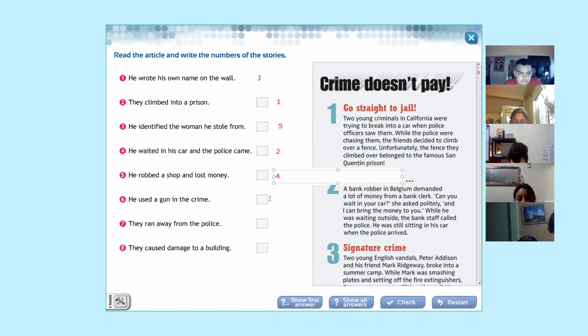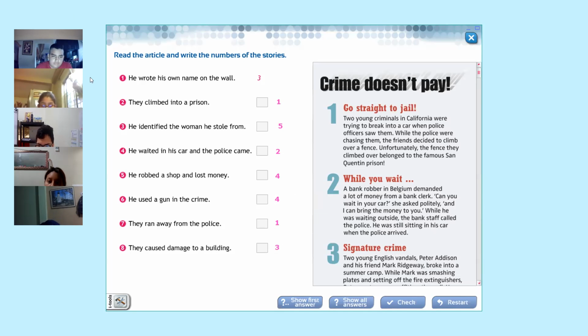Number 4, okay. He used the gun in the crime, number 4. Okay. They ran away from the police, number 1. Number 1, okay. They caused damage to a building, number 3. Number 3, okay. So those are some of the expressions that she has been talking about.